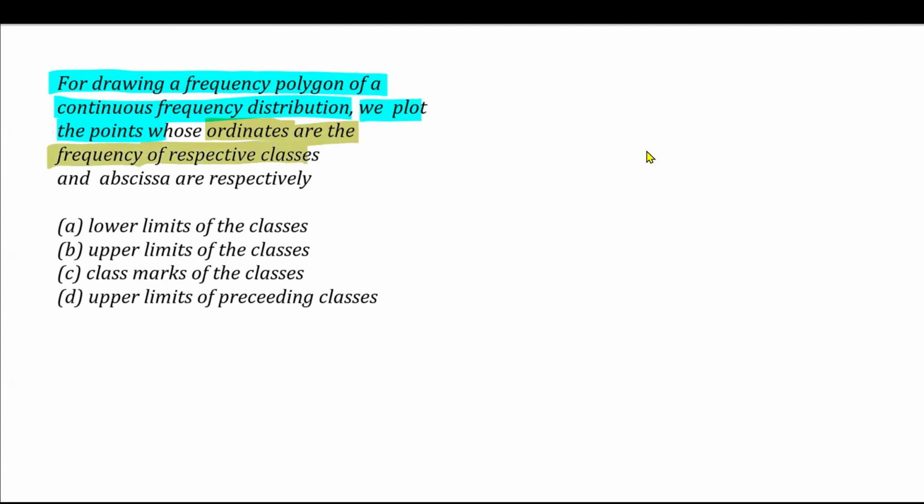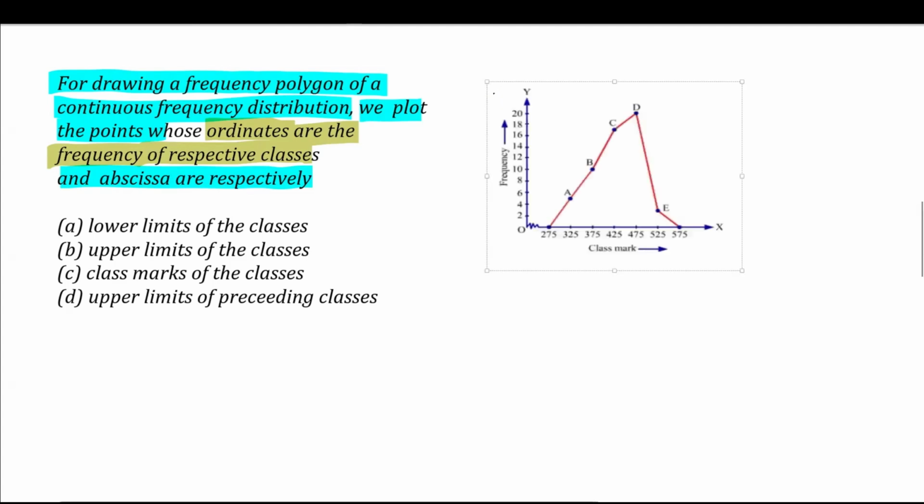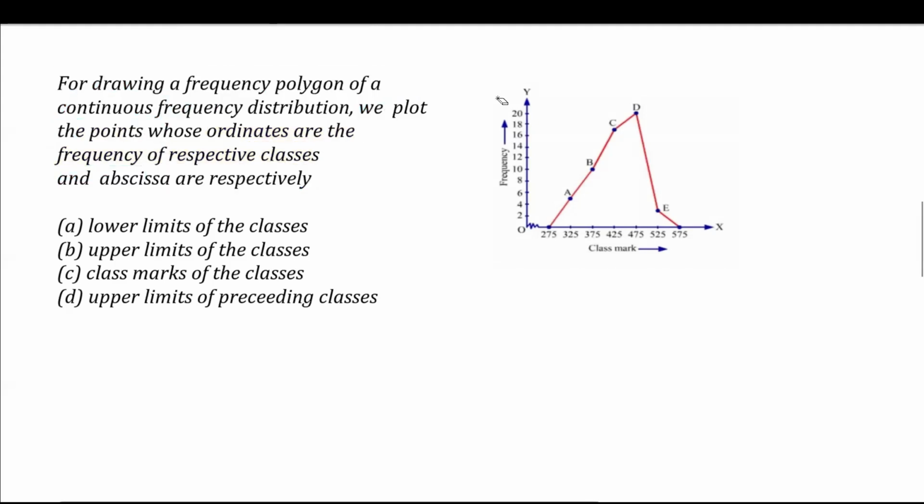Frequency of the respective class and abscissa are. So more clarity will come if I show you a frequency polygon. So you can see this is a frequency polygon drawn over here. Now check here, if I ask you, how did I take this point A? You will say that the x coordinate of A is this, and the y coordinate is this, right?